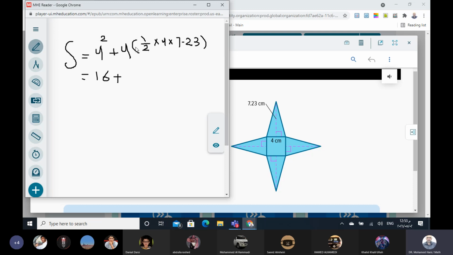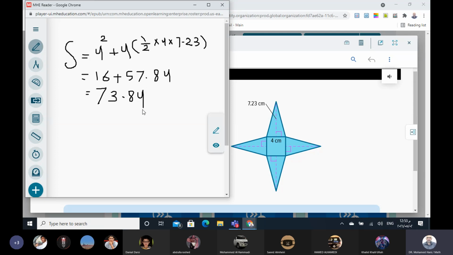The answer will be 57.84. Now 16 plus 57.84, the answer will be 73.84.